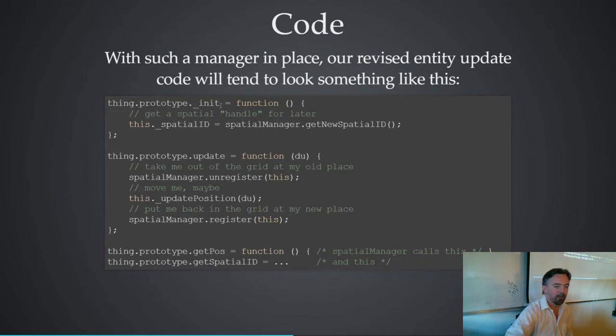So when we initialize all our entities now, we ask the Spatial Manager, could you give me a new ID? This is like I've created a new object, please give me a new ID. And the way I've done it is it's just a numerical ID. The first guy's 1, the next guy's 2, 3, 4. We just keep counting up. Very simple, right? But it means they've all got unique IDs. The reason for having the unique IDs is it makes it fast for the Spatial Manager to look things up when it's adding and removing them.